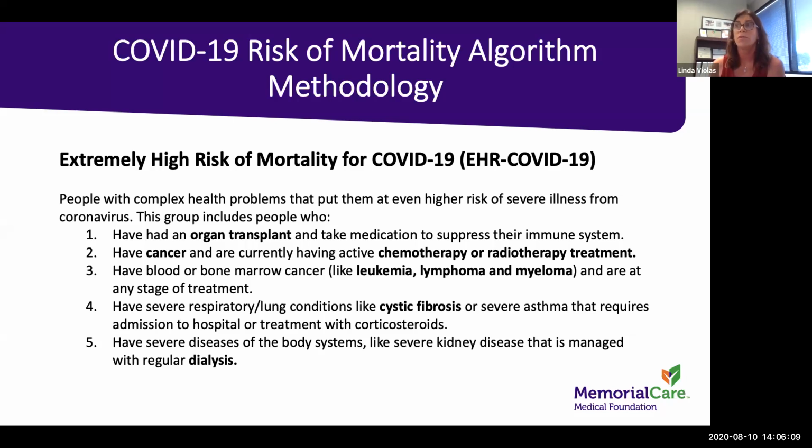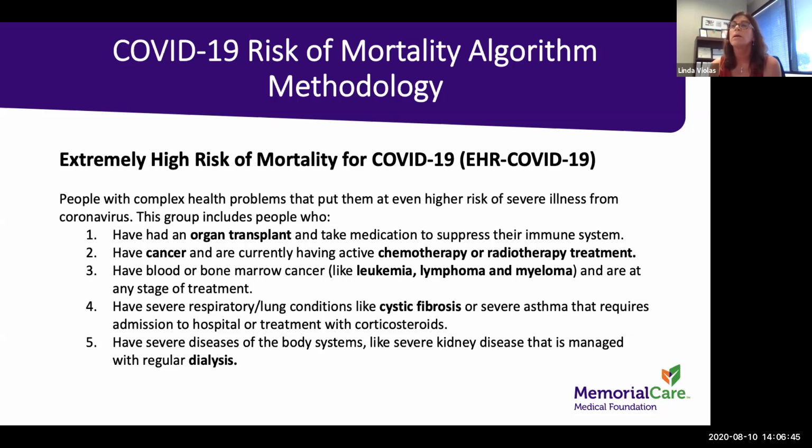But I wanted to go through first just to tell you at a high level, who is categorized into this extremely high risk of mortality. And really what it is, if they do get the COVID exposure and then they get the disease, they are going to do probably very poorly, because of already a lot of challenges in health that they're carrying. So the first category that we have are those folks that have had an organ transplant, and they are taking medications to suppress their immune system to maintain their transplant, and those folks are going to be at extremely high risk.